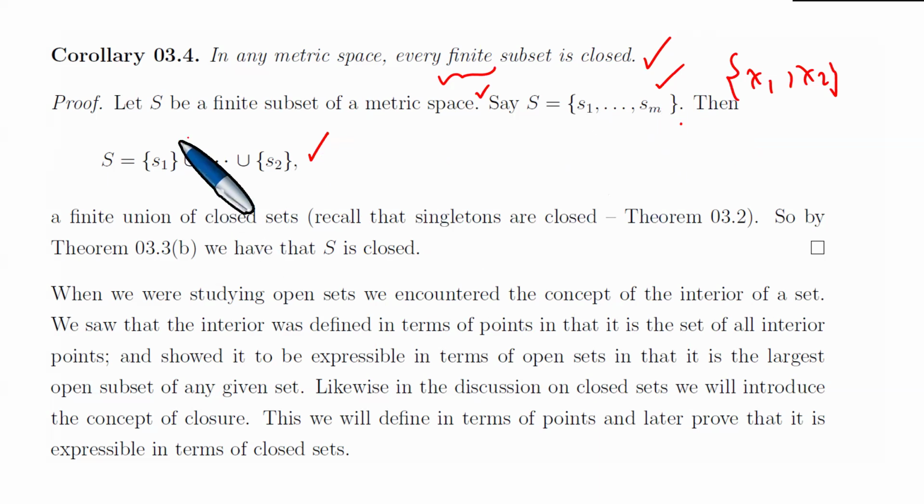Then you can write it as a union of singletons, which is a finite union of closed sets. Recall that the singletons are closed, so each of the singletons is closed, and therefore this is a finite union of closed sets. So by theorem 3.3b, we have that S is closed.